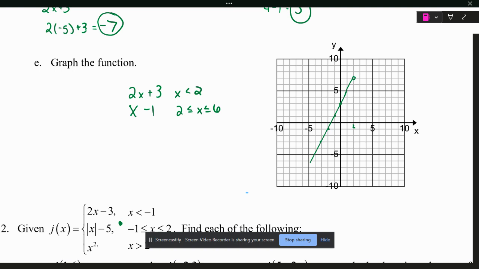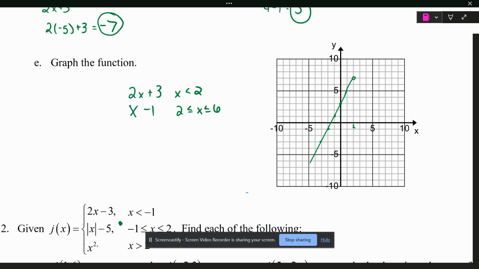And then there's also a couple other ways to do the next part, the x minus 1. You can also graph the entire thing and then erase the parts that you don't need. Or you can plug 2 into x minus 1 and 6 into x minus 1 and then just do a connecting the dots scenario because it's linear.